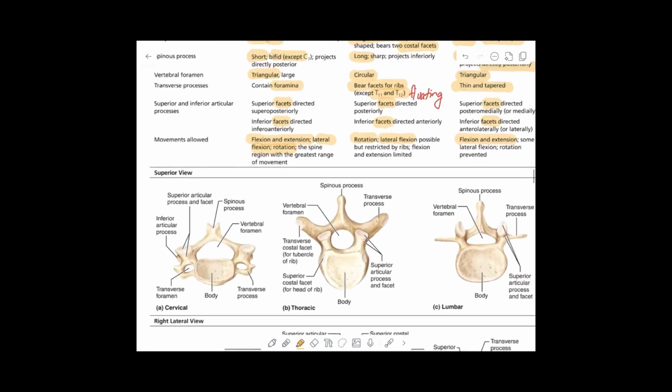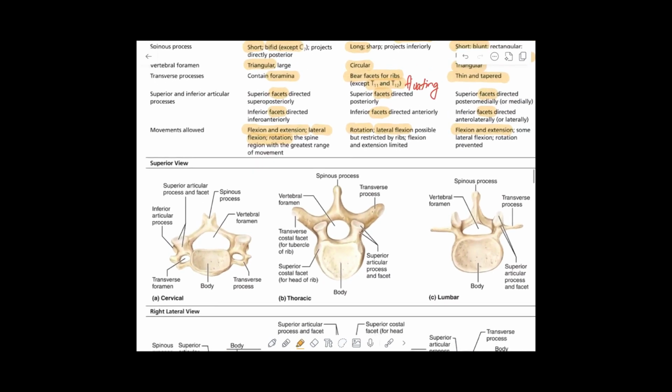When we look at the superior view of them, we can see for the cervical, you have a thin body. It gets bigger in thoracic, and it's thickest in the lumbar. We have the transverse foramen in the cervical. No transverse foramen, just a process in the thoracic and lumbar. The vertebral foramen is going to look a little bit different in each section.